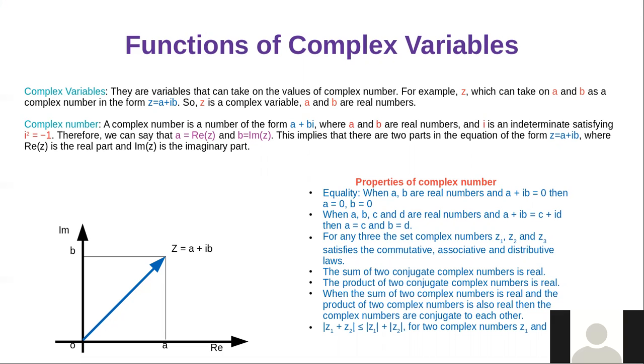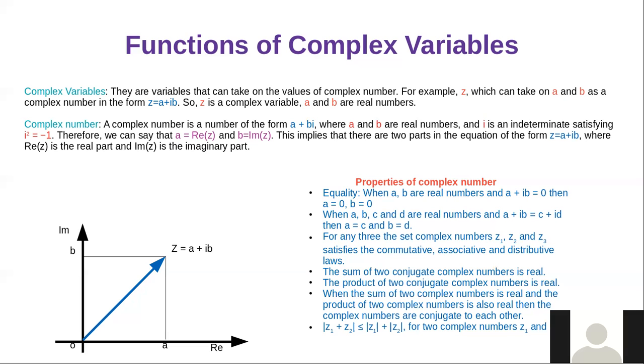Therefore, we can say that a is the real part of the complex number, and b is the imaginary part, denoted by Im z and Re z. So this implies that there are two parts in the equation z equals a plus ib, where Re z is the real part and Im z is the imaginary part.